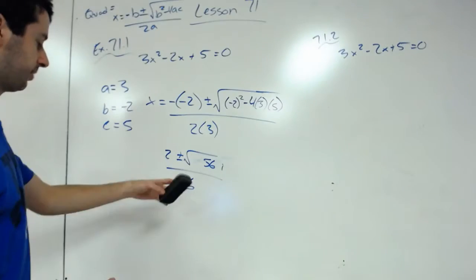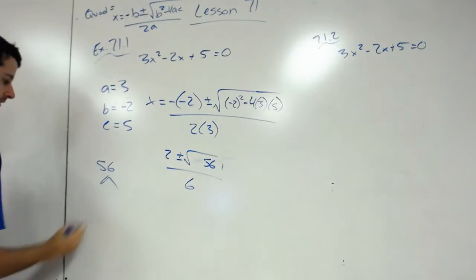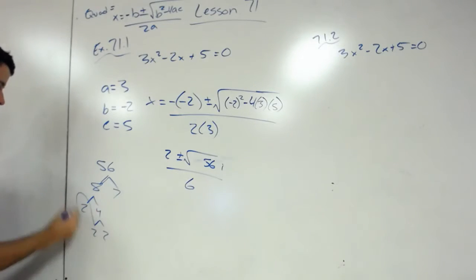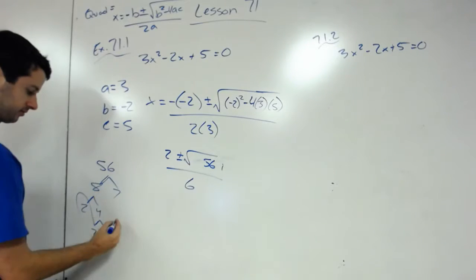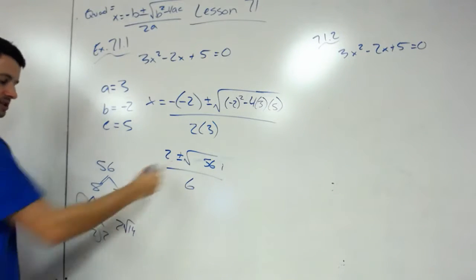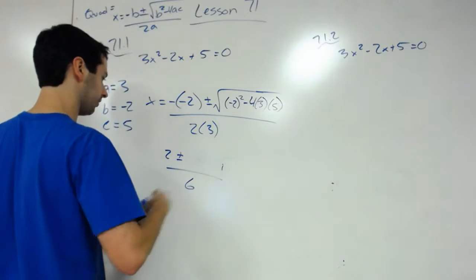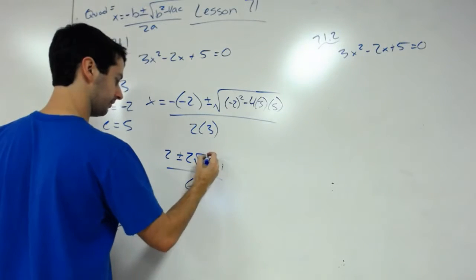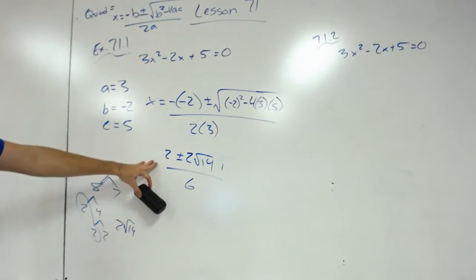That's not a perfect square, but I'm going to factor the 56. We have 8 and 7, 2 and 4, 2 and 2, there's a pair. So 2 radical 14 replaces the radical 56i. Hopefully we know how to do all that by now. 2 radical 14i.